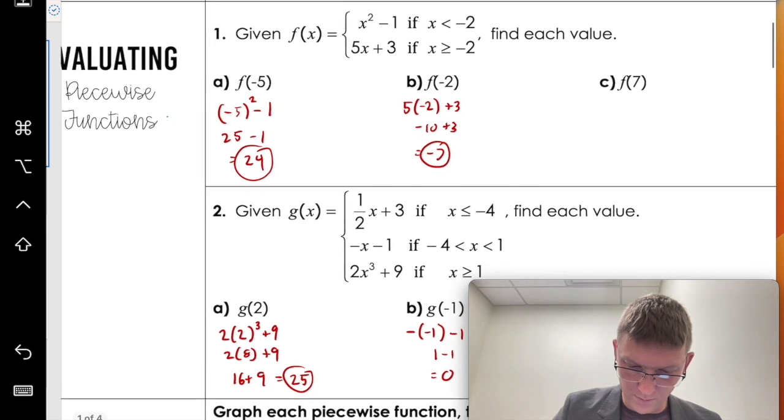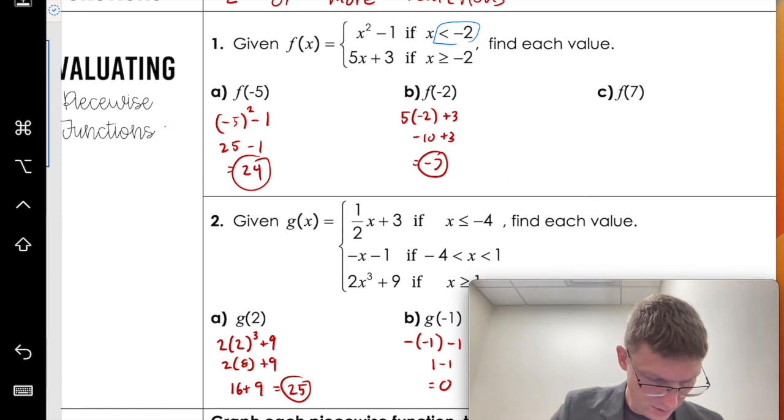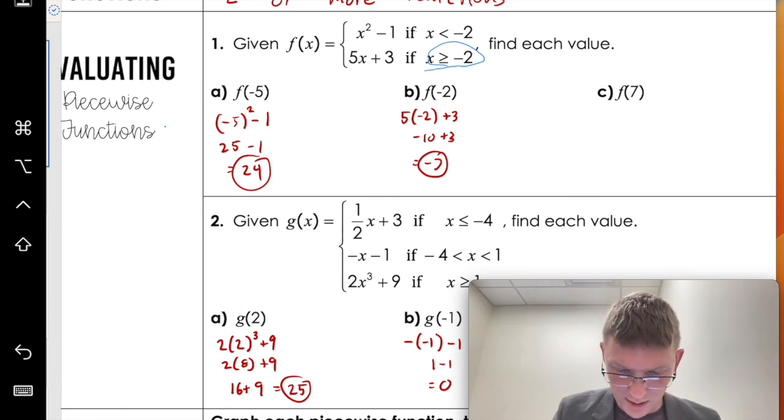Sorry, here we go. So our 7 is bigger. That's the wrong one. Our 7 is greater than negative 2. So we're going to be using that bottom one. And we're just going to plug 7 in for wherever we see x.